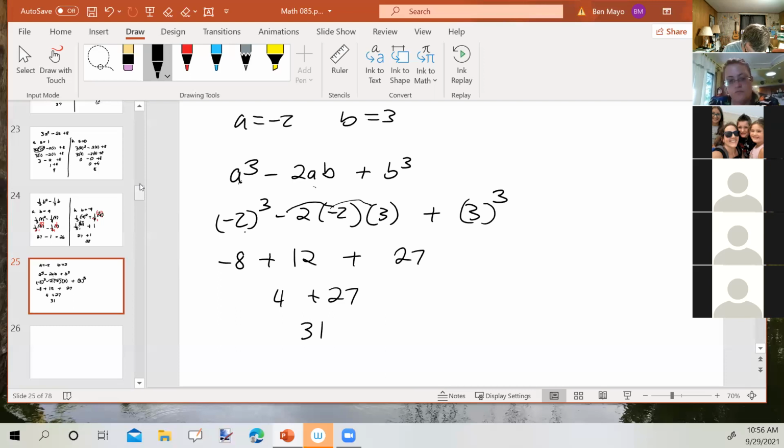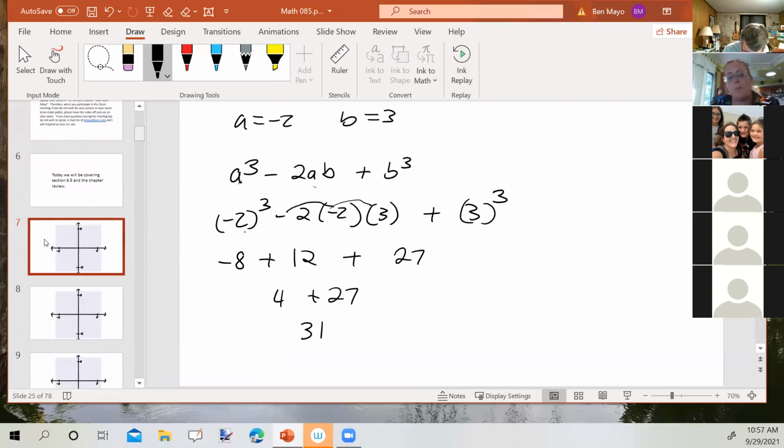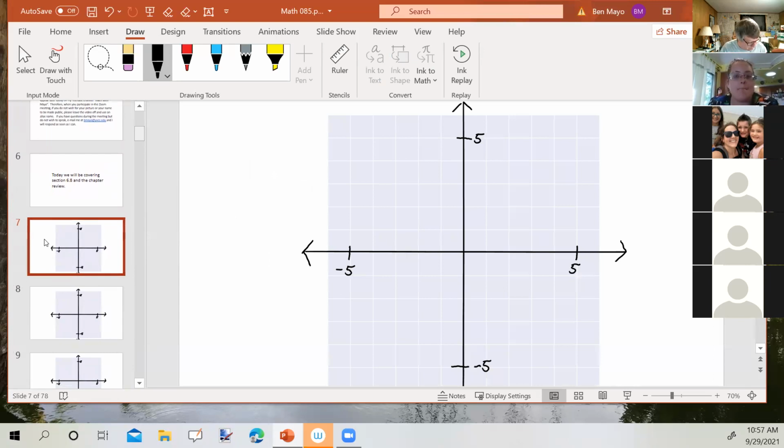We're going to go back up here and take a look at this situation. It says, construct a table of solutions and then graph the equation. And the equation is y equals x squared plus 1. All right, y equals x squared plus 1.